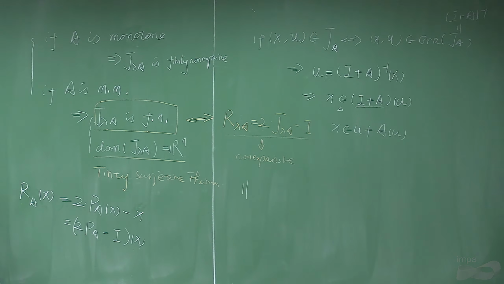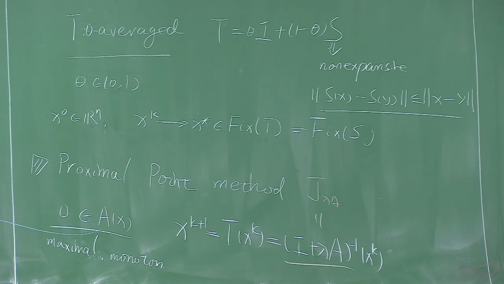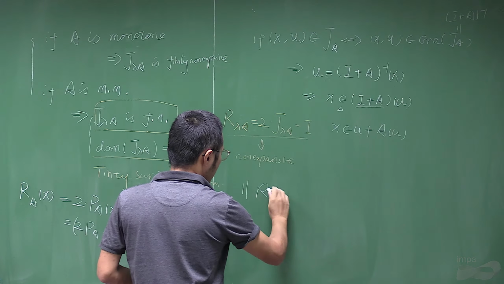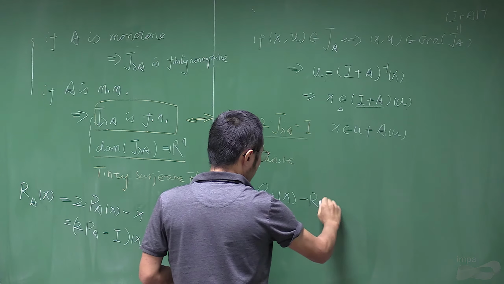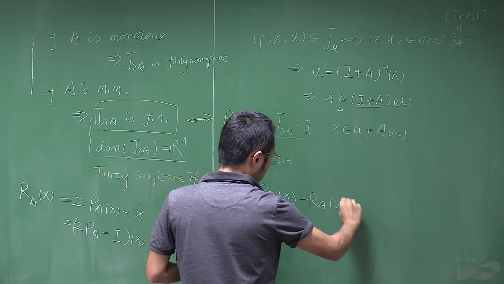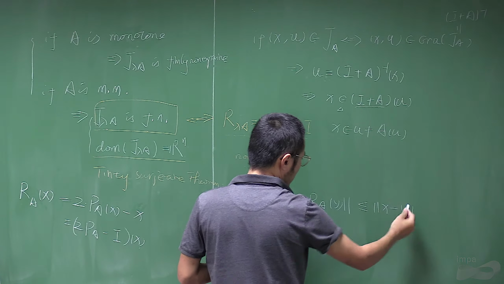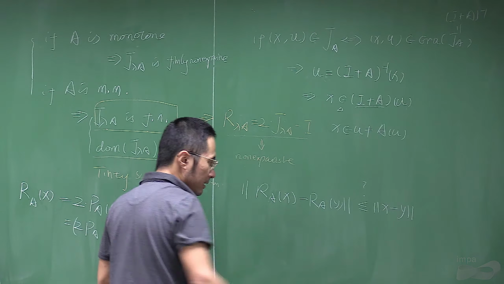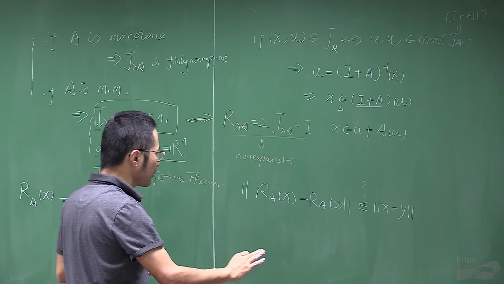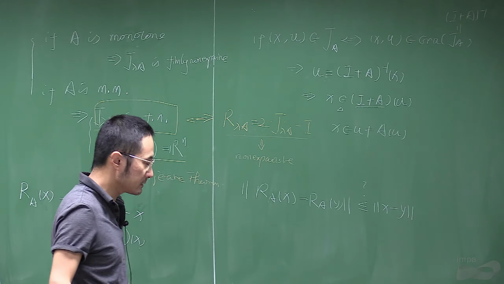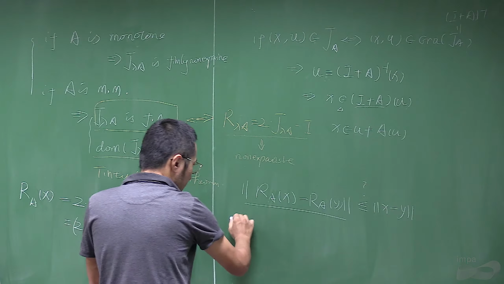We analyze the norm of the reflection of A at x minus the reflection at y. We want to check whether it is less than the norm of x minus y. If it holds, we can prove the reflection of A is non-expansive.